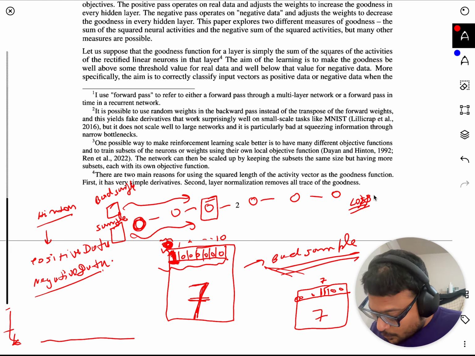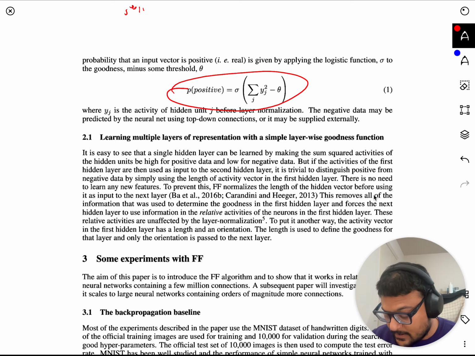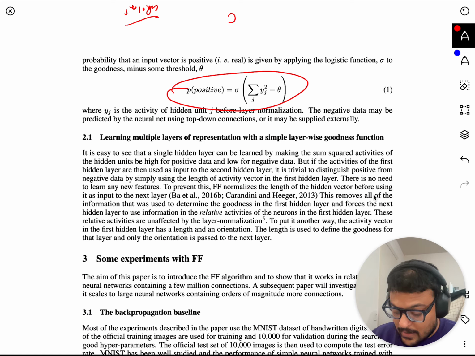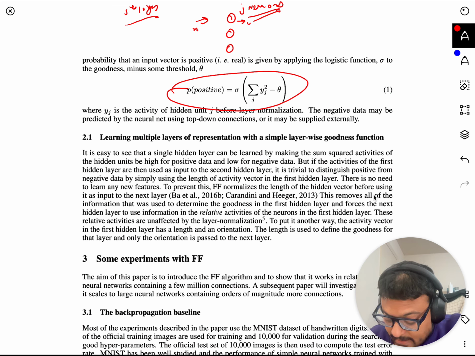What this equation means is that, for example, let's say you are optimizing the fifth layer, and that layer has j number of neurons. When you send your data as input, it outputs the representation y1, y2, y3.